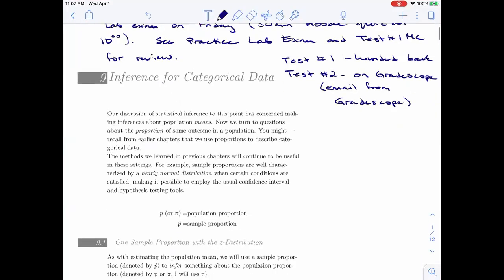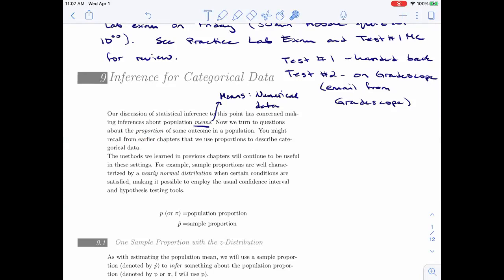So the difference here is that we've been talking about the means, which is for numerical data. Now, we haven't really talked about proportions from data, right?